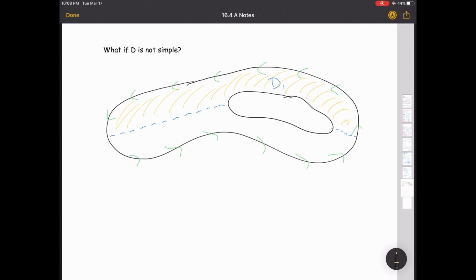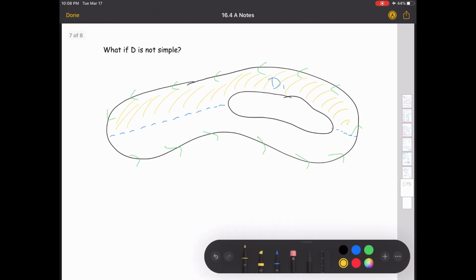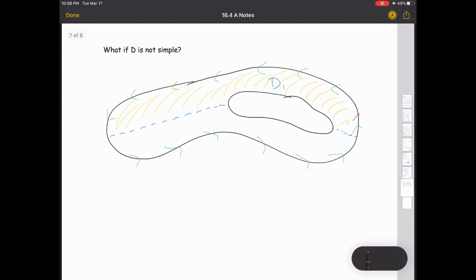Well, using Green's theorem, we can find this thing's line integral, because I can, let's do it in red, I can go around this piece, just like we did here, counterclockwise, all the way, but then I can start following this dotted line through here, and then I can come across like this.